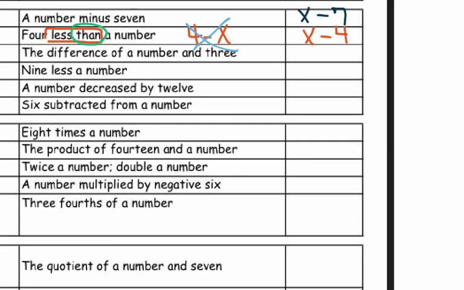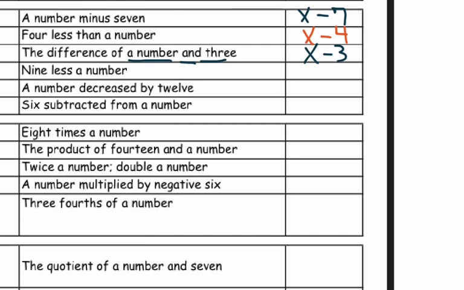Alright, the next one says the difference of a number and 3. So difference is the true mathematical term for subtraction, and it behaves perfectly. It's exactly what you think it would be. A number minus 3. So x minus 3. The difference of a number and 3. 9 less a number.